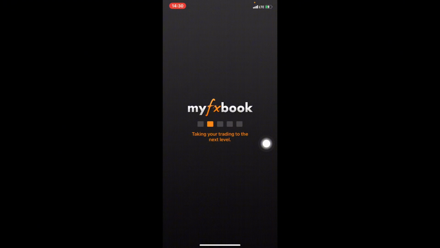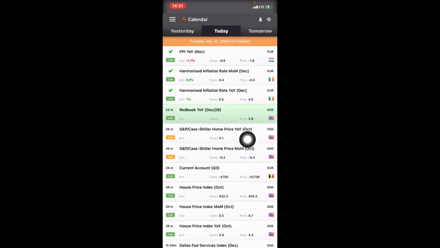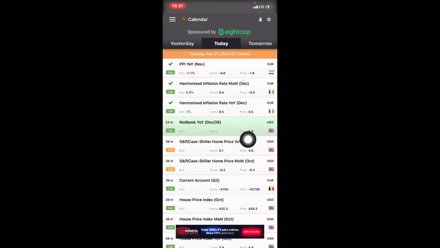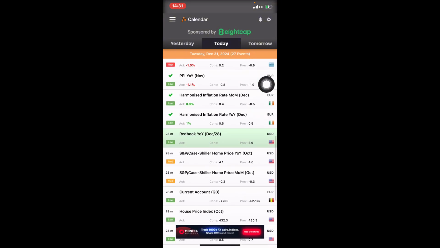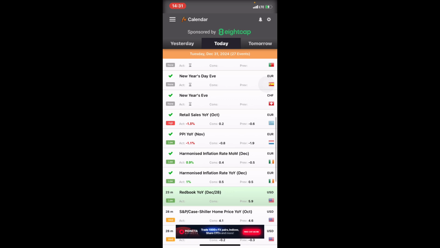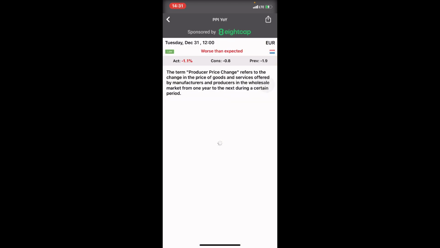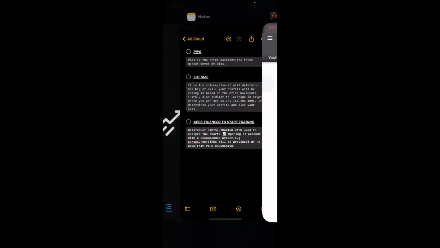Most times if you do your analysis, you think everything is alright, but you did not look at your fundamentals. That's the news aspect. Sometimes you place a trade and your stop loss gets hit, but there was news that you didn't pay attention to. So you will know the news. These are news that have already played out today. As you can see, the news, and that is it.